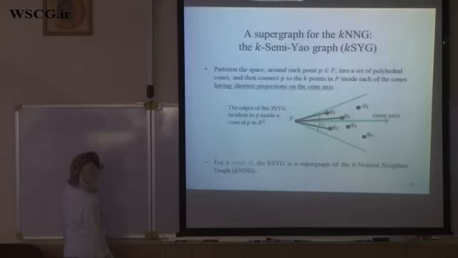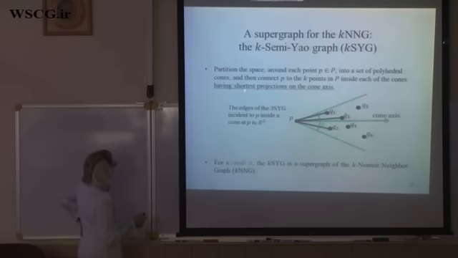And so what we're going to do inside each cone at each point P. Each point P is going to have this partition of space into six cones. So lots and lots of cones, 6 times the number of points.